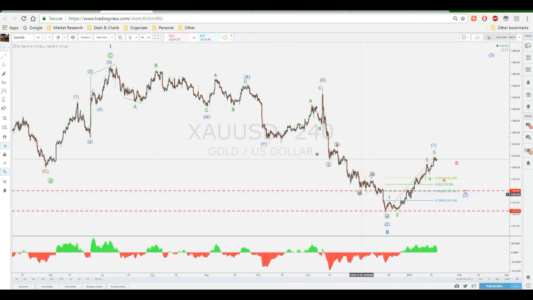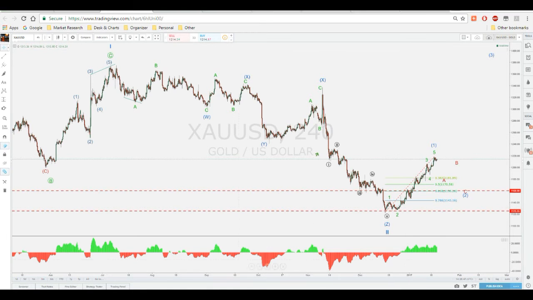So the third leg, fourth corrective right here, very small, and then a final fifth corrective completing B or 2, if this first leg transcended as a 1.